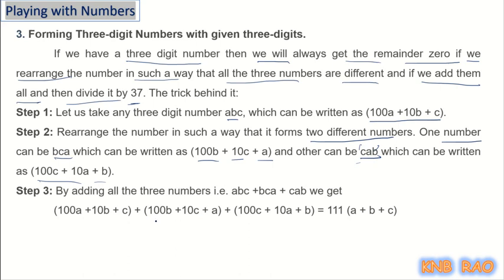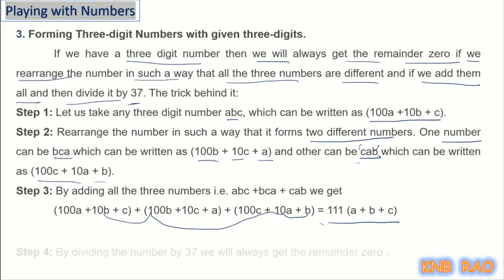Similarly, 100B added to 10B added to 1B, so their sum is also 111B. Similarly, 111C will also come. If I take out 111 as common, it gives 111 times the sum of the digits A, B, C.